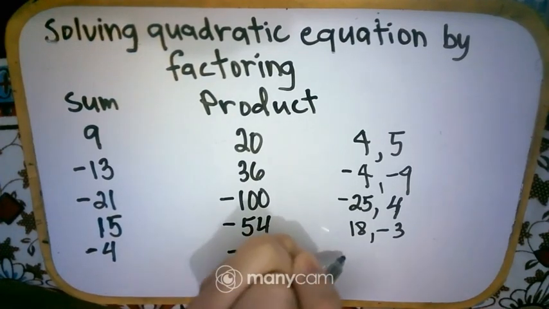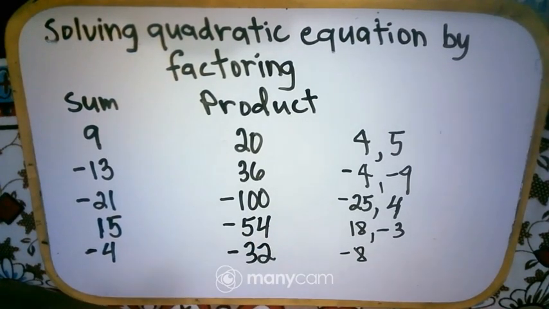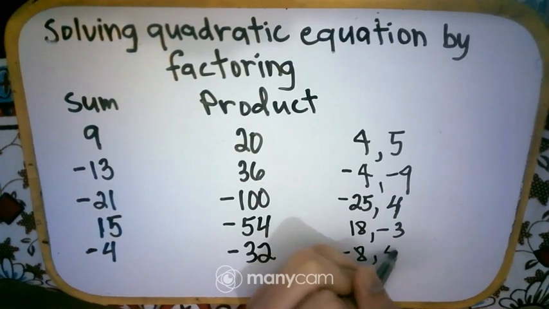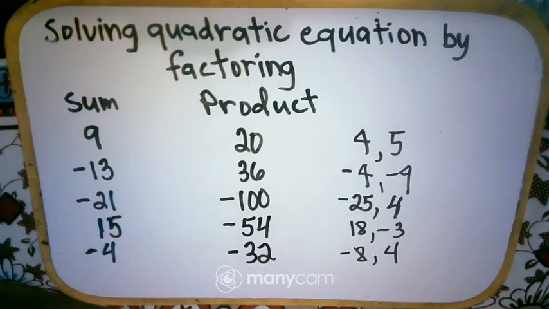The answer here is negative 8 and positive 4. So those are the answers. So sana tama rin kayo. Let's clear muna. Baka mamaya medyo na-confuse kayo or baka isipin nyo na meron pang ibang pwedeng sagot. So wala na pong pwede ibang sagot.